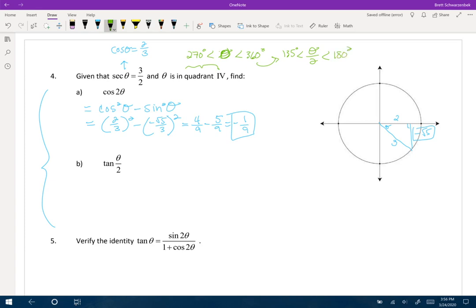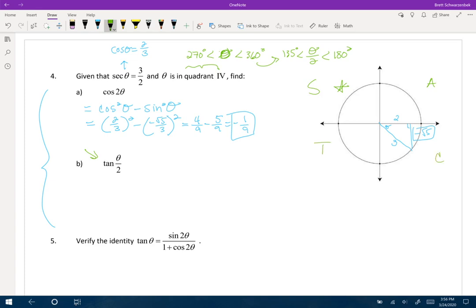Okay, between 135 and 180 degrees. So when we look at this, we can immediately see that the half angle is going to fall in quadrant 2. So we know this angle falls in quadrant 2. And with all students take calculus, we know that the answer must be negative.